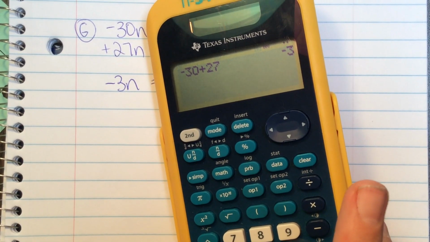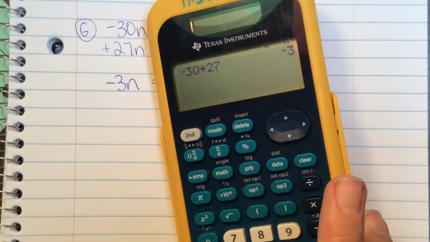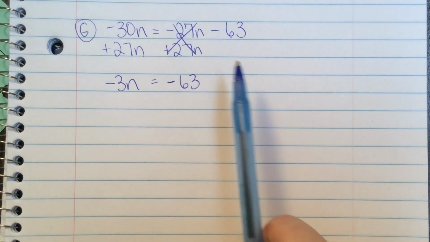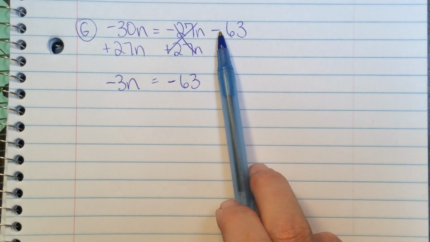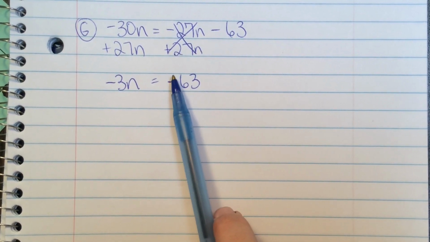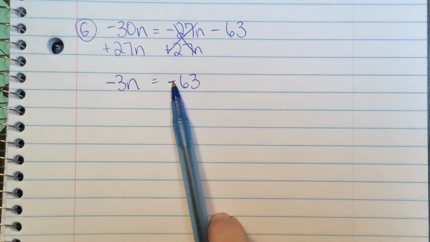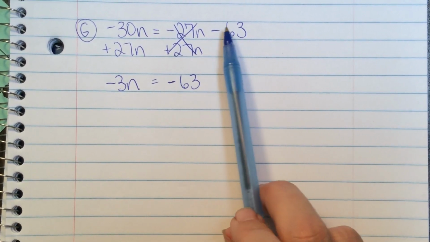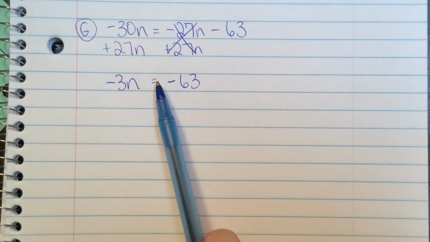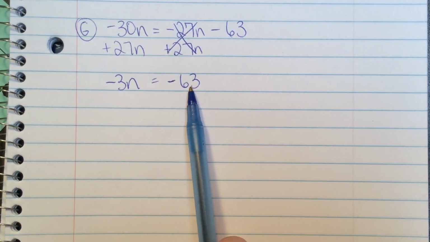Okay, negative 30 plus 27, I will get negative 3. And then I'm going to keep this minus. A minus 63 is really the same as a negative 63. So I have to make sure I keep that. So negative 3n equals negative 63.